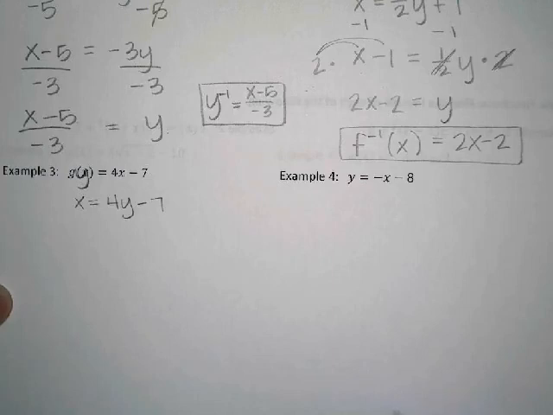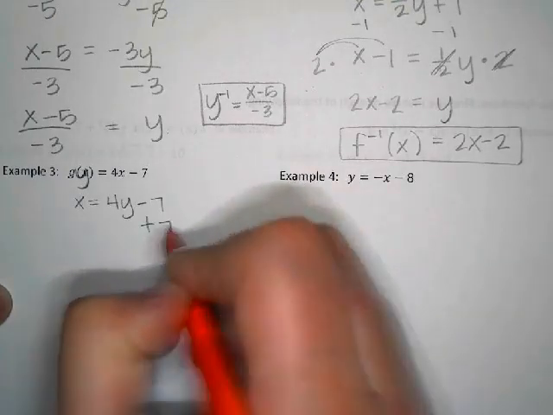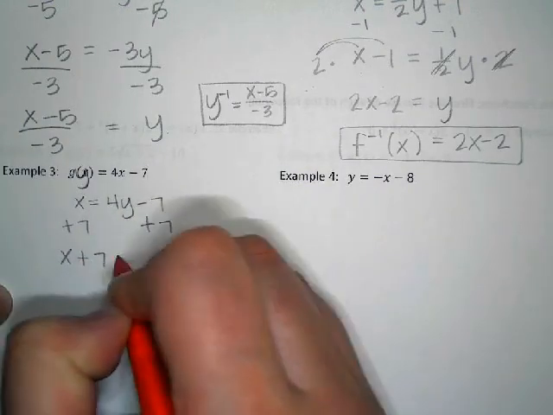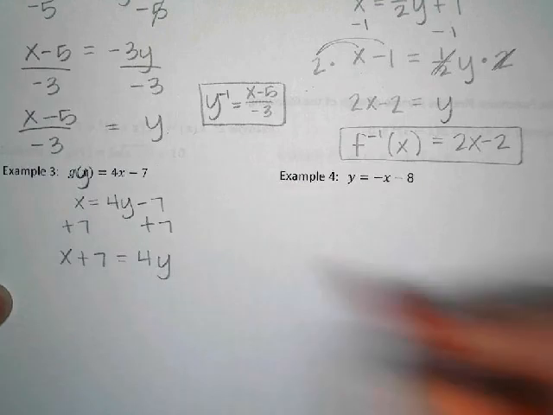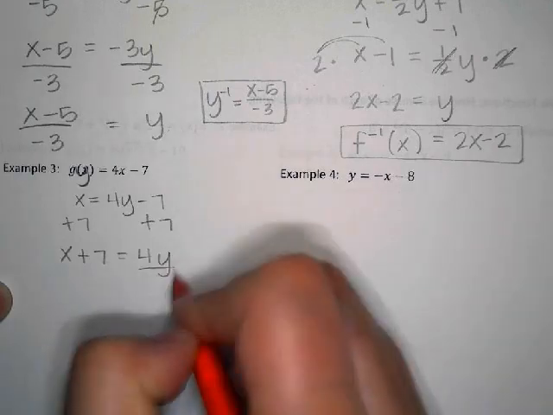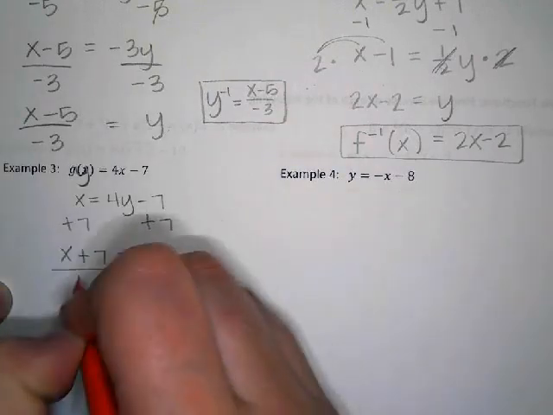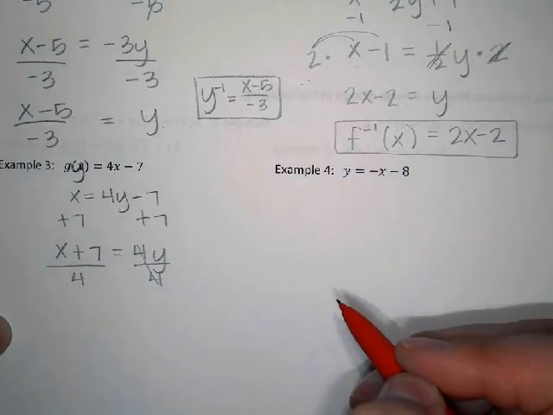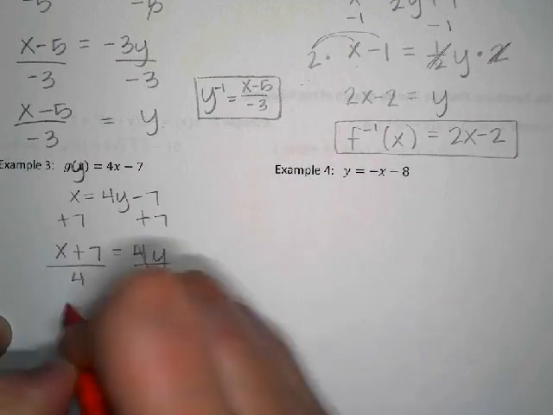I'm going to add the 7 to the other side. So I get x plus 7 equals 4y. And then how do I get the y alone? Divide by 4. So I have y equals x plus 7 divided by 4.